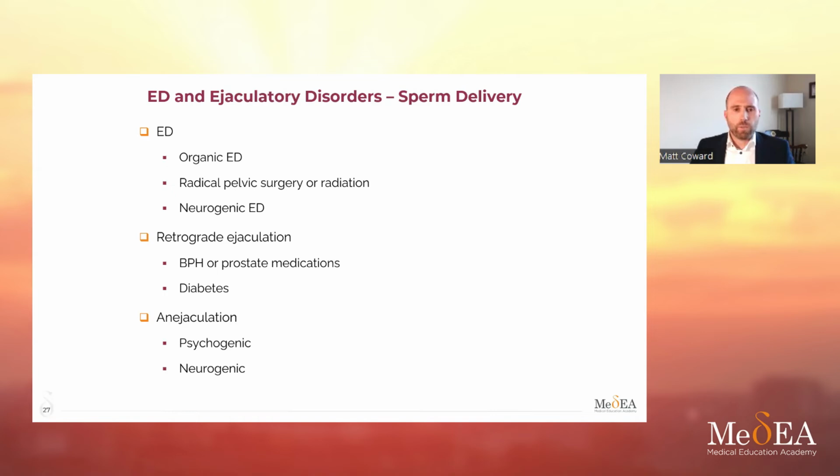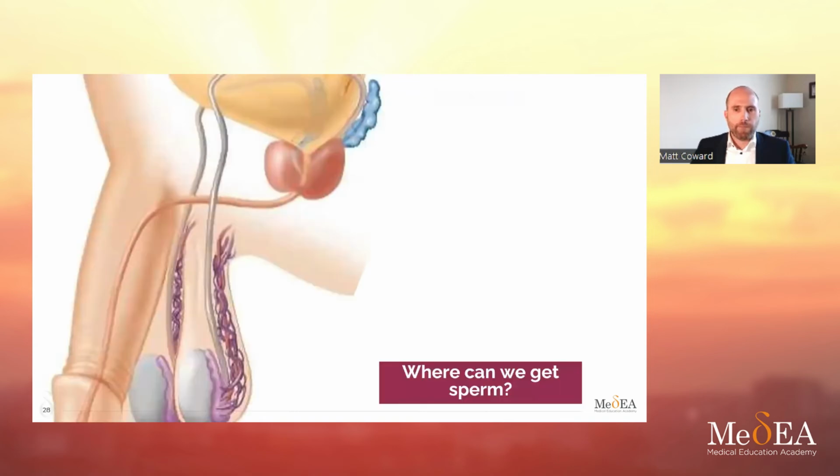The most common cause of retrograde ejaculation in younger men is going to be severe uncontrolled diabetes, which will result in ejaculatory disorders. And then there's anejaculation, which can be psychogenic or neurogenic. I'll go through that in more detail in a moment.